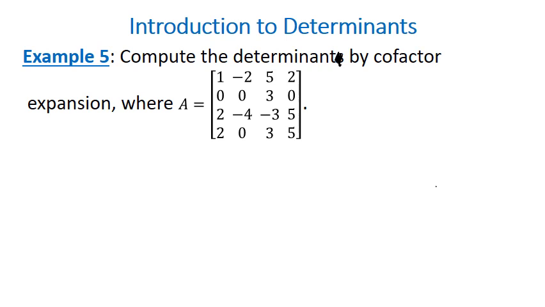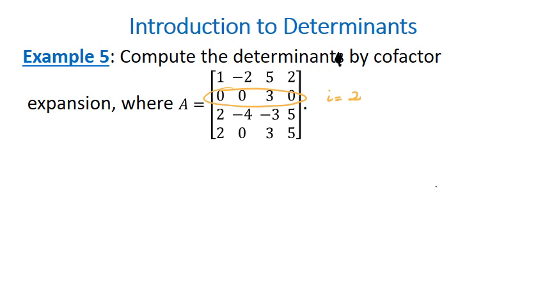So it is our choice if we want to use a row or a column, and which row and column we want to use. So you want to look for a row or a column with a lot of zeros. And if I'm looking at this, I will notice that this row here, row 2, so i is 2, I notice that that row has a lot of zeros. So that's what I'm going to focus on.